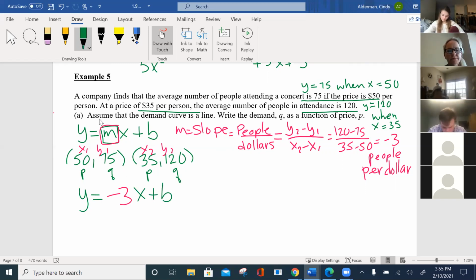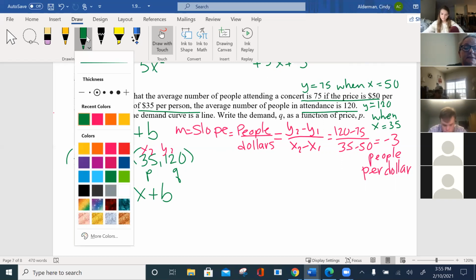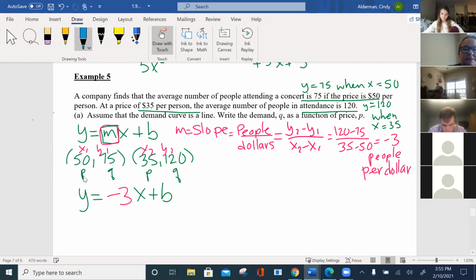We found the slope, then we're going to plug it into the y equals mx plus b formula. And then what we're going to do is use one of the points for X and Y. So Y is, let's say, 75, and X is 50, right? We're just using this point. And I could have used the other point too. So I know that this is 75 equals -3 times 50 plus B.